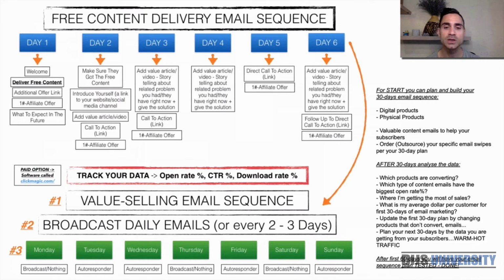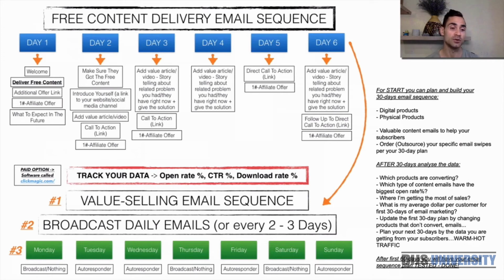So in the email sequence here below that you're going to go through after the first week, you can have automated emails. And if you want to write broadcast daily emails to your subscribers, you can do that and schedule your planning like that.